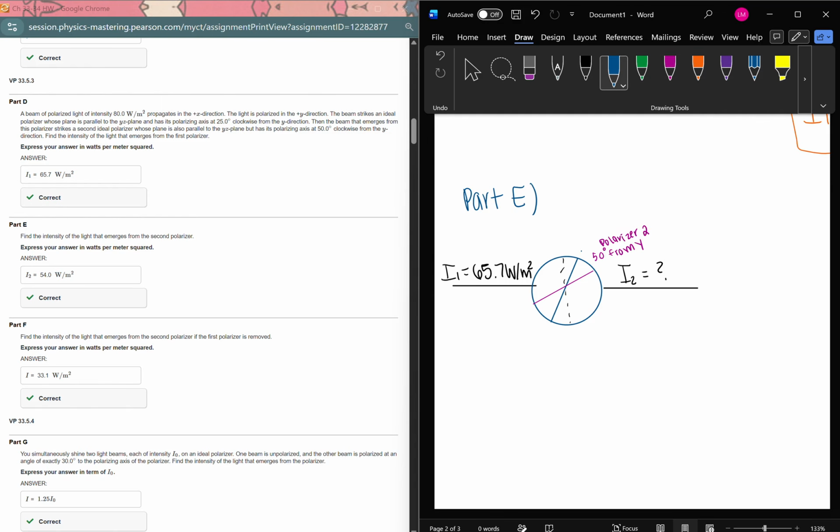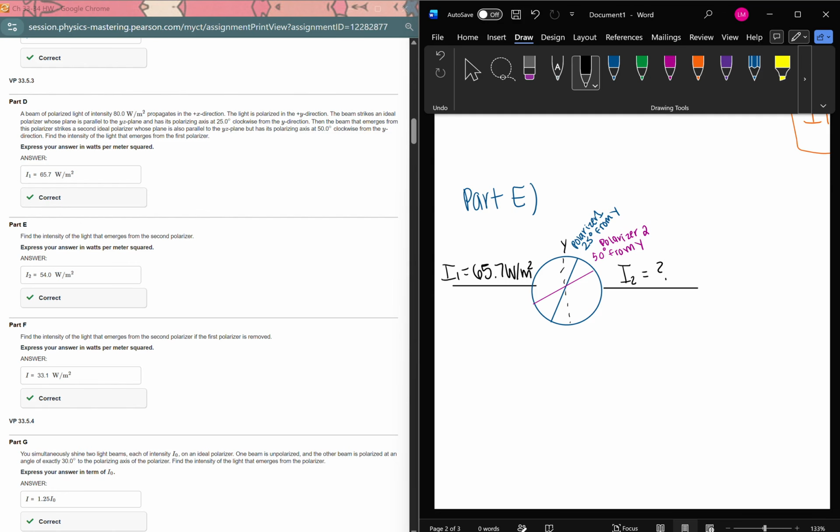And then this is going to be polarizer 1. I'm going to use different colors so it's less confusing. 25 degrees from y. There. Okay, so this is going to be the y. Okay, there you go. So we have to find.